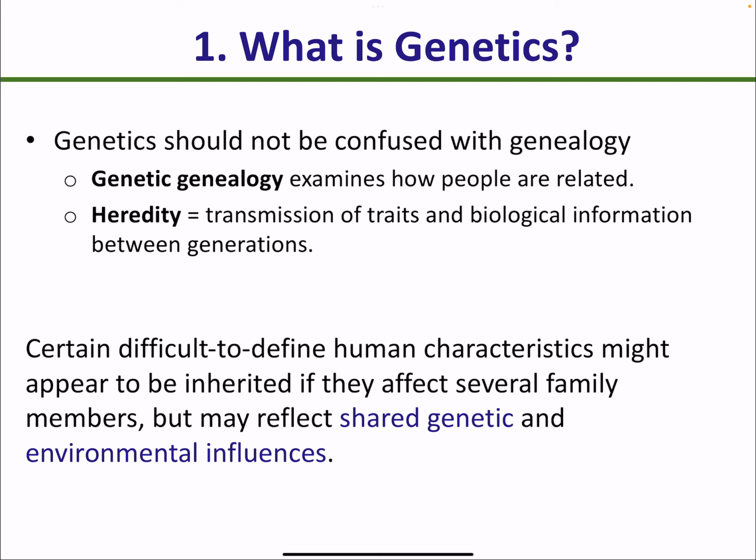Also, it is a fact that certain difficult to define human characteristics might appear to be inherited if they affect several family members. Nevertheless, we see that these features may be occurring because of shared genetic background, but also very much because of environmental factors.